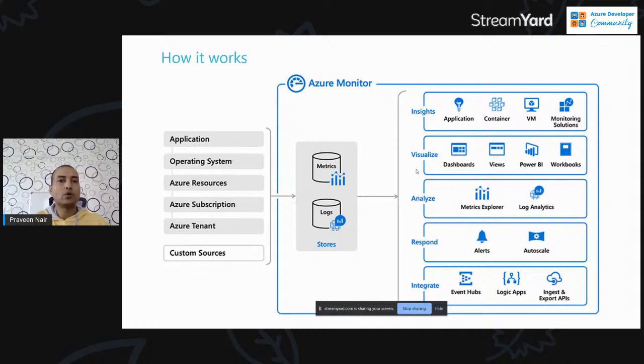Now coming to the respond and integrate part, respond is basically the automation part, I would say. So if something goes wrong in the middle of the night, you are sleeping, you will not come to know if there is an outage in your production application. So you can set alerts, right? Based on the different priorities, you can set alerts, so you will get an SMS, for example.